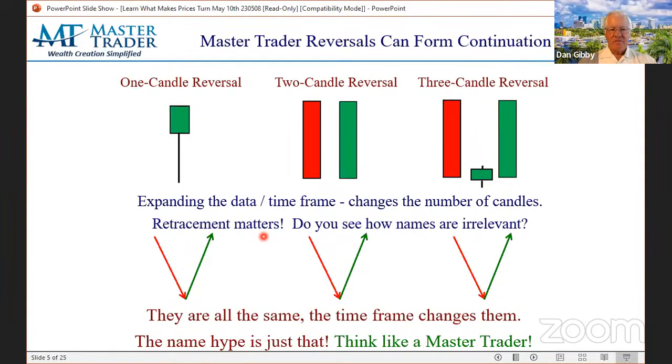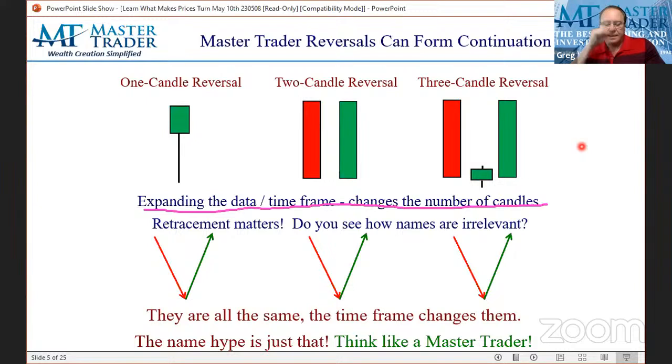So these are 3 beautiful examples of turns, kind of a derivative of what Greg just covered: call it what you want, this is going up, but we're just showing you reversals can happen in many flavors, from 1 bar to many bars. And it takes away what I was talking about.